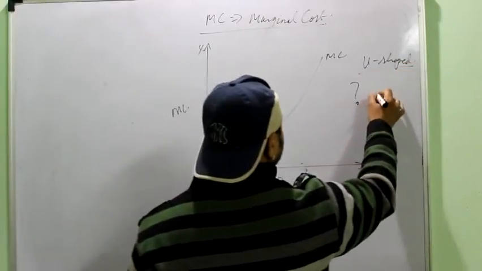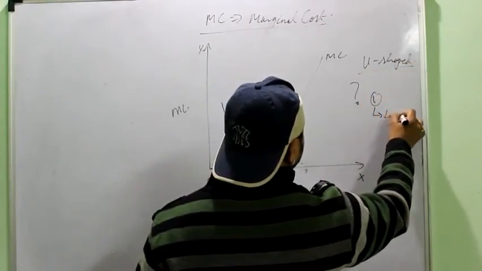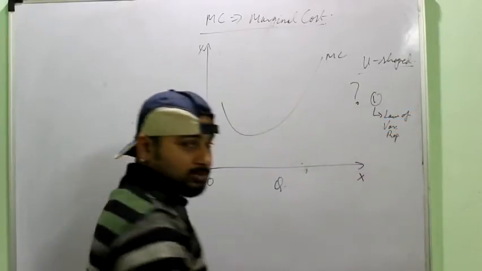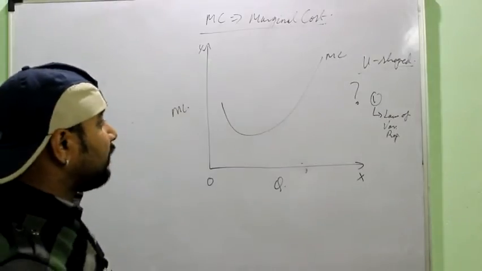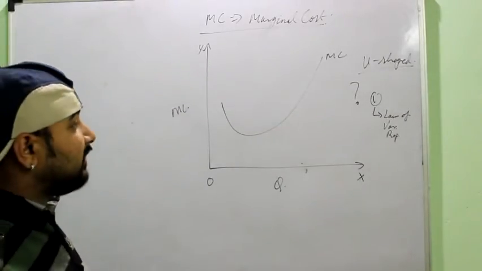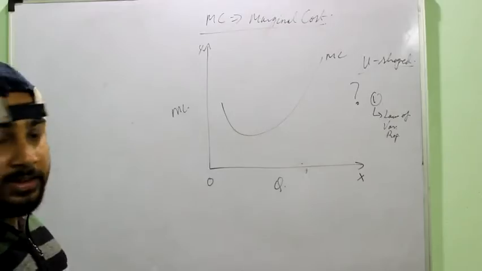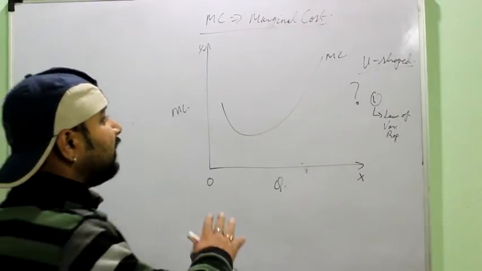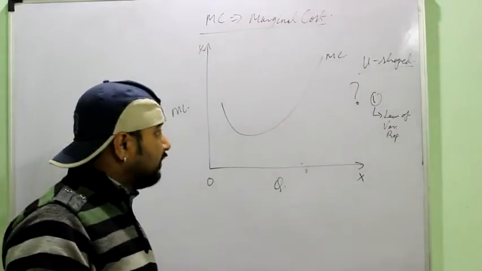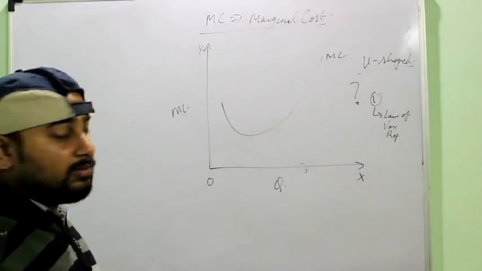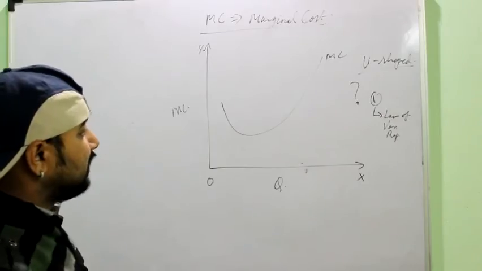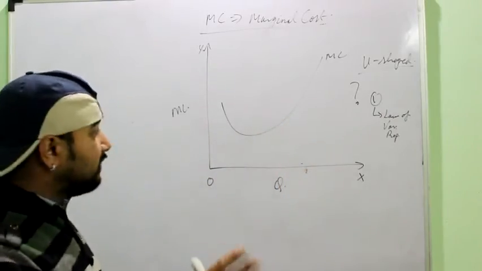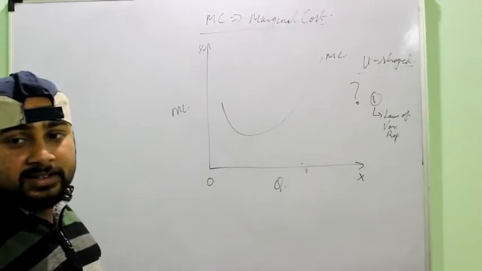Why? 1 mark question, the answer will be law of variable proportions. And in a 3 to 4 mark question, the same answer which you are writing for the AVC, that it is derived from the total cost. Here you can write TC instead of AVC, so that you don't get confused. It is derived from the total cost, and it behaves in the same way: till the total cost is increasing at a decreasing rate it will fall, and later, when it is increasing at an increasing rate, it starts rising.